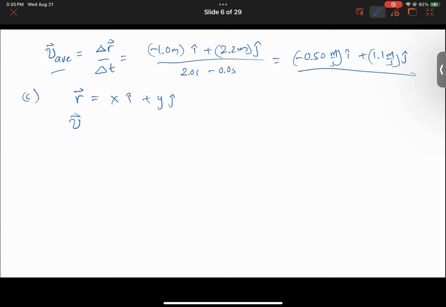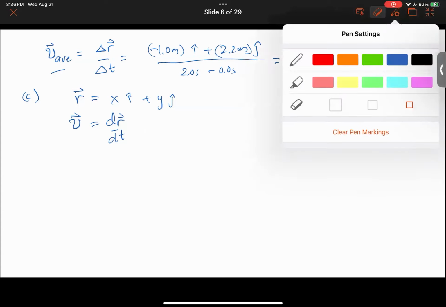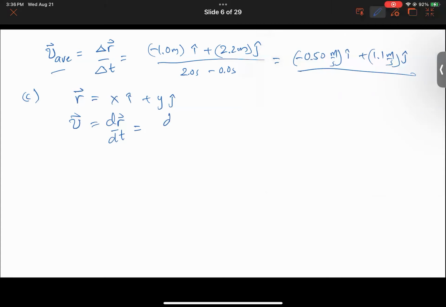Kasi we know that the instantaneous velocity vector is nothing but the derivative of the position vector with respect to time, and that's equal to the derivative of the components of the position vector with respect to time. So ito yung derivative ng kanilang mga components.